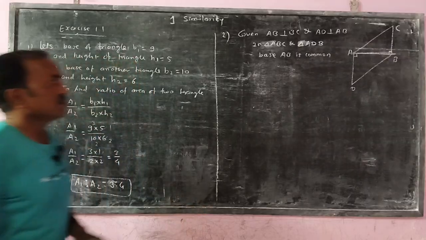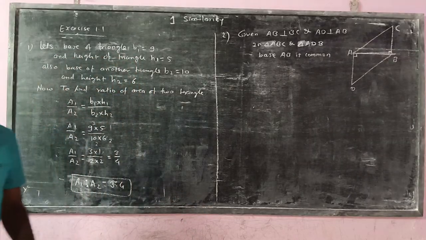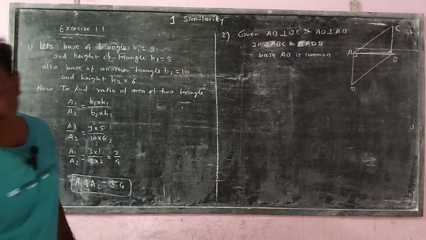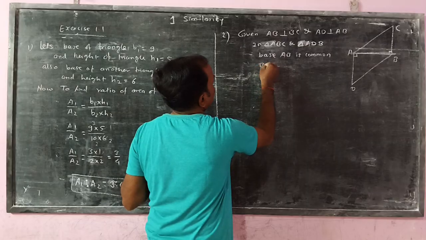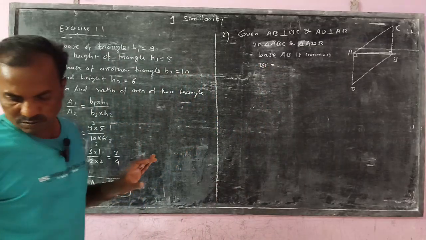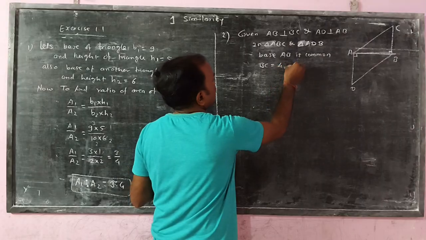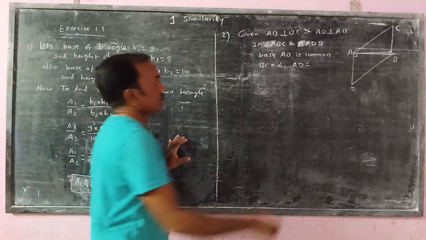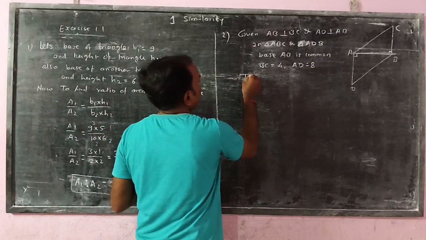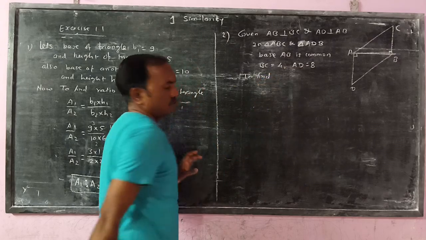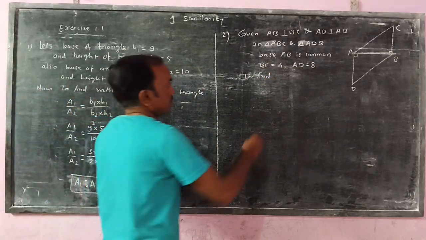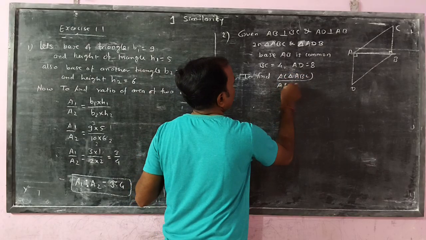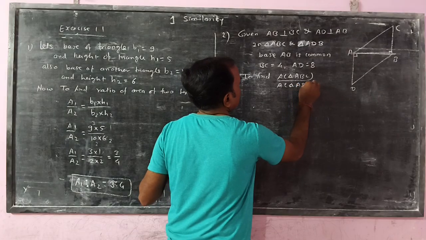The values of the heights are BC equals 4 and AD equals 8. To find the area of triangle ABC by the area of triangle ADB.